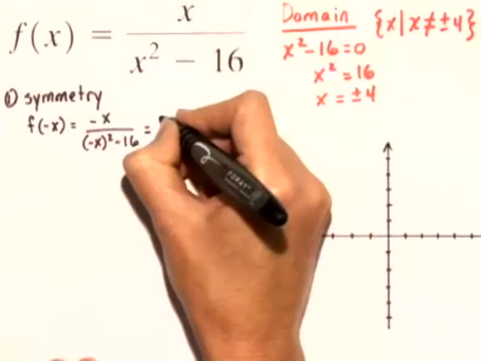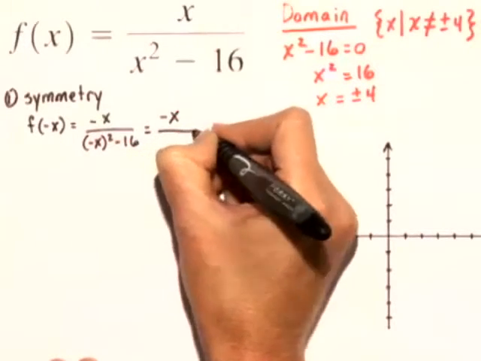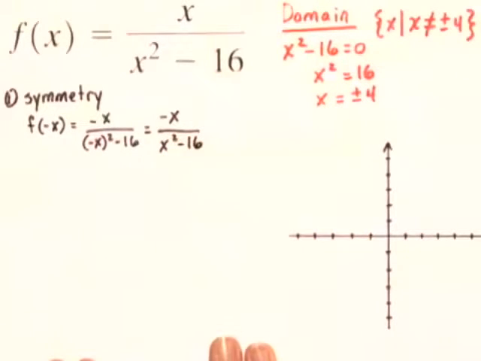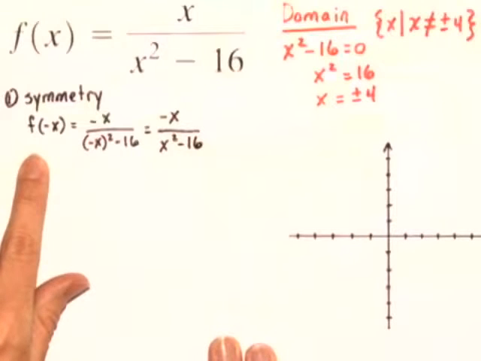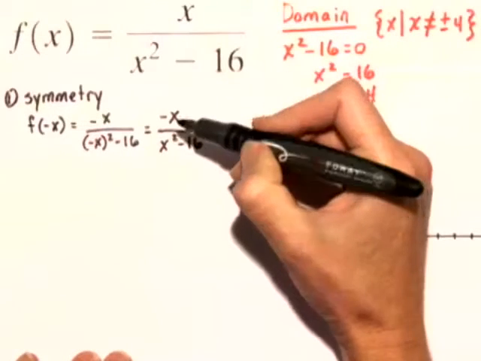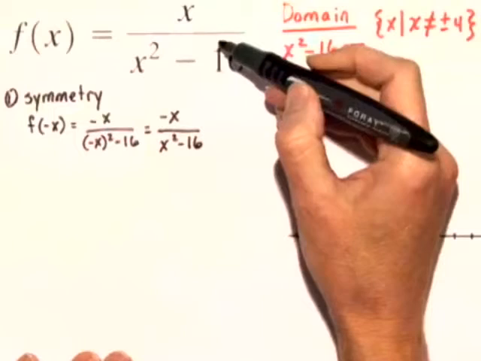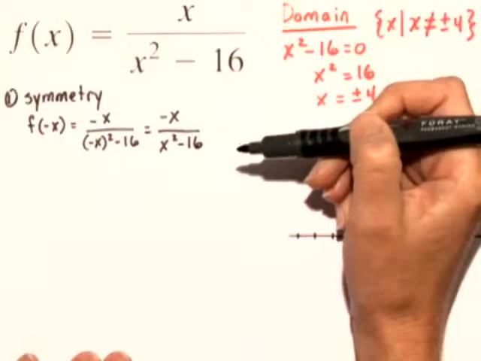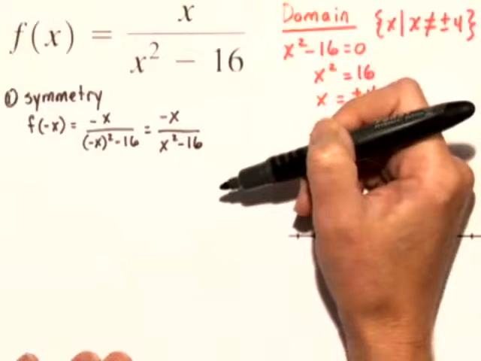This simplifies to negative x in the numerator over x squared minus 16. Now, notice that f of negative x is exactly the opposite of our original function f of x. We know it's the opposite because the numerator is exactly the opposite and the denominator is the same.